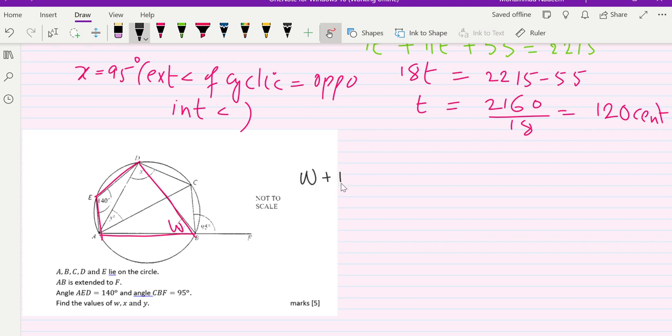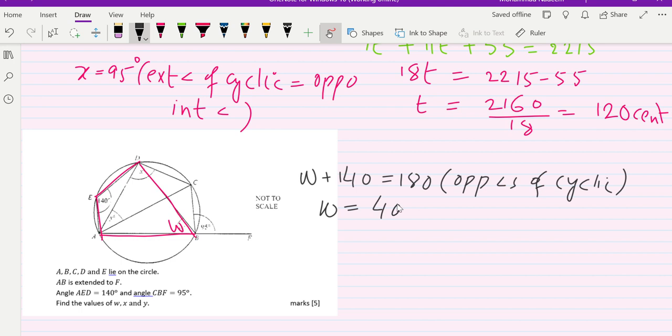So W plus 140 will be equal to 180. And for this, just write opposite angles of cyclic. This is enough. From here we will get W equals 40 degrees, because 140 will be shifted to the other side and subtracted from 180. So W will be 40 degrees.